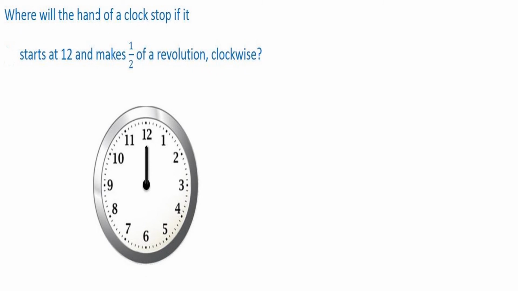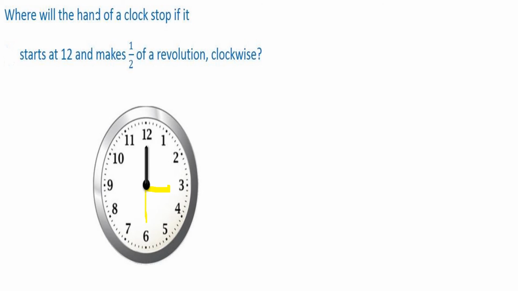Where will the hands of a clock stop if they start at 12 and make a half revolution clockwise? See, are you at 12? If you make a half revolution, this is a 1/4 revolution where the clock will stop at 3 o'clock. So one more quarter means 2 right angles should be there. So another right angle is here.